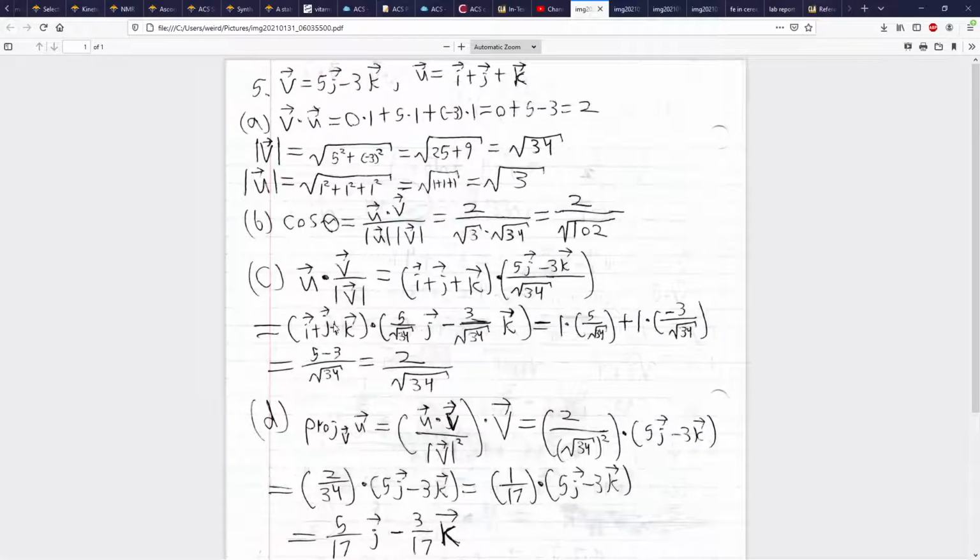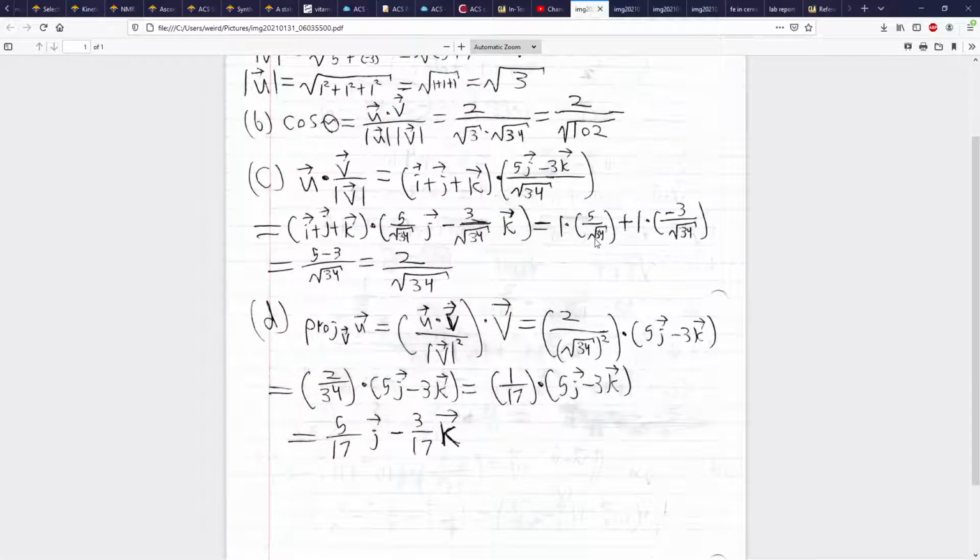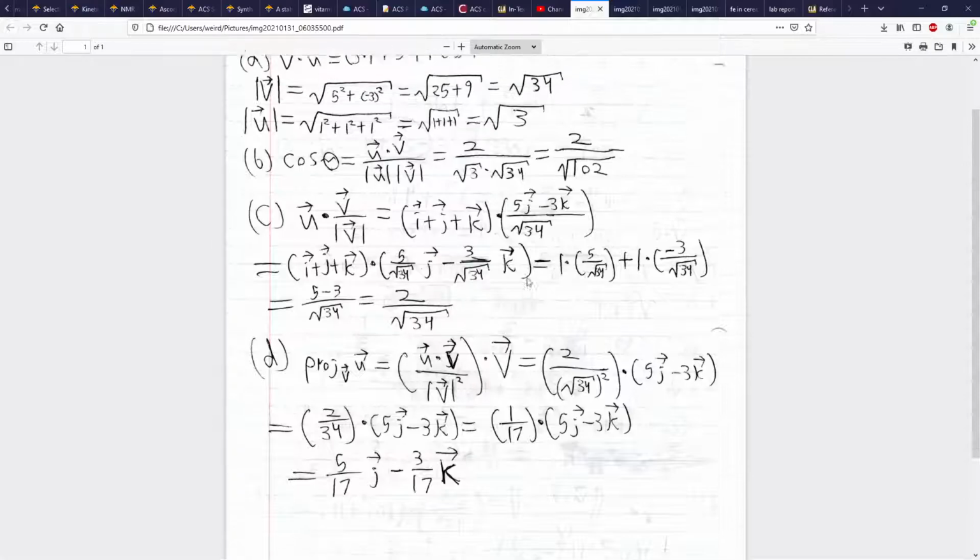There's technically a 0 times 1 in here, but I omit that, because adding 0 does not change the answer. You're just basically adding these two quantities at the end, and it ends up with 5 minus 3 over the same denominator, which is equal to 2 over the square root of 34.